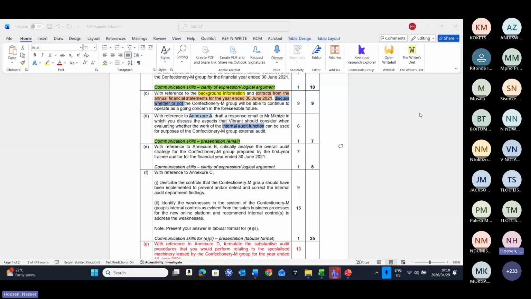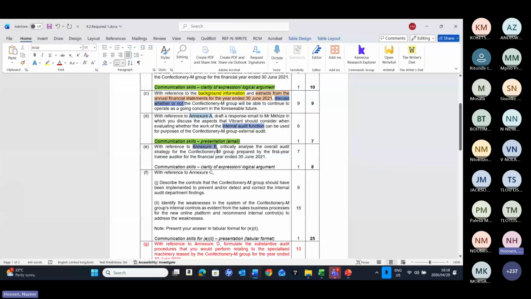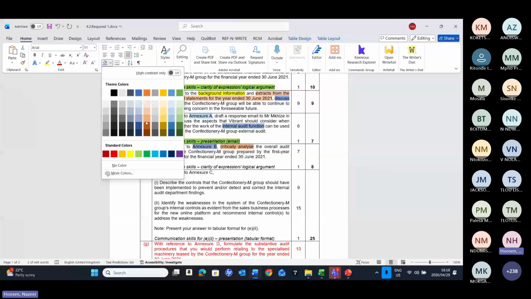Okay. Part E, with reference to annexure B. So this was specific as well, where reference was made to a specific annexure. Critically analyze. So, anybody, when you see the words critically analyze, what do you think of?